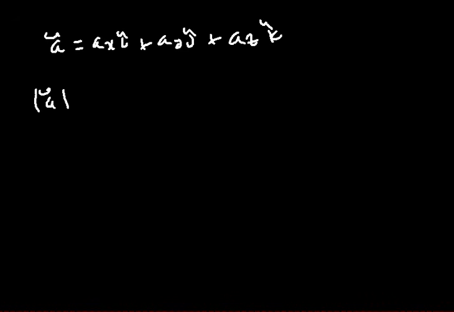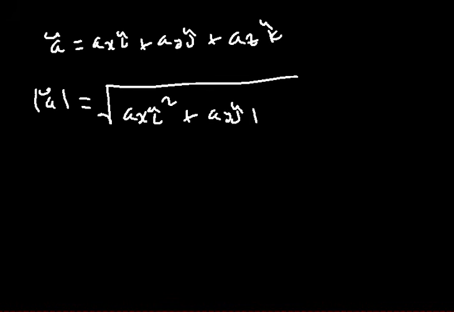And also let's talk about the magnitude of the vector given in unit vector notation. Let's say we have a vector A which is given as ax i hat plus ay j hat plus az k hat. Now the magnitude of vector A is the square root of ax squared plus ay squared plus az squared.